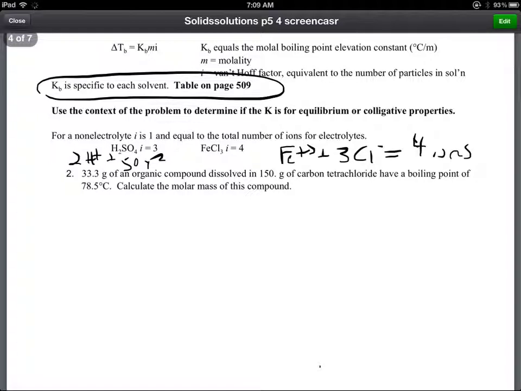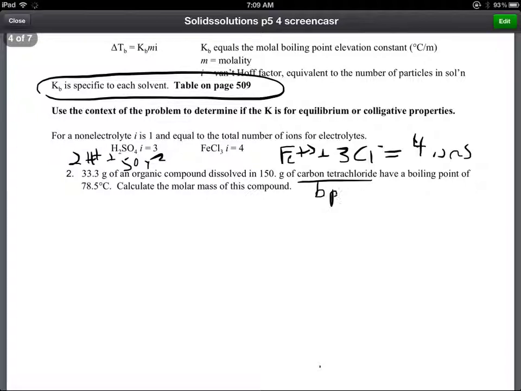Okay. All right, so we have a sample problem here. 33.3 grams of an organic compound dissolved in 150 grams of carbon tetrachloride. Carbon tet is the abbreviation for that, is a very common solvent as well. It has a boiling point of 78.5 degrees. So a couple things that you're going to have to know is what is the normal boiling point of carbon tetrachloride.